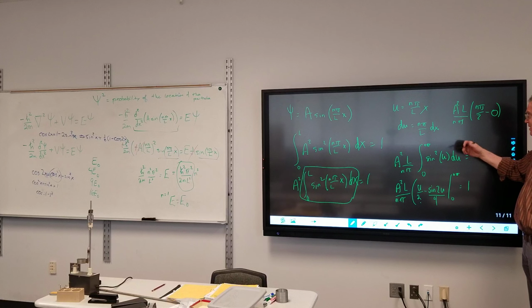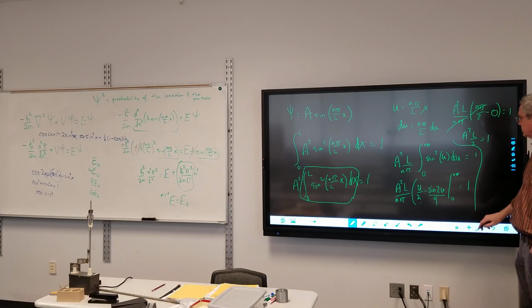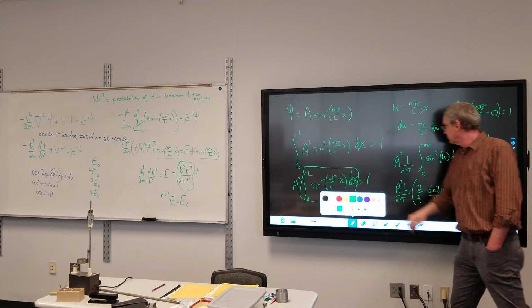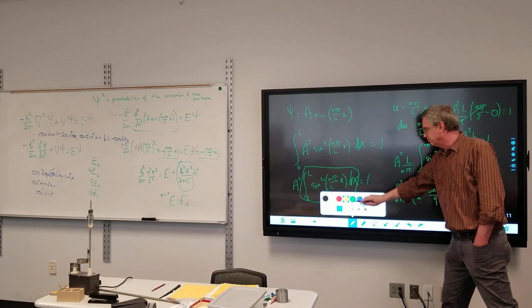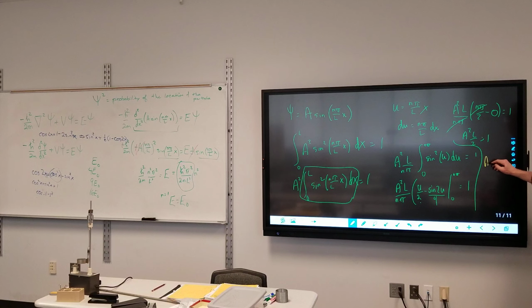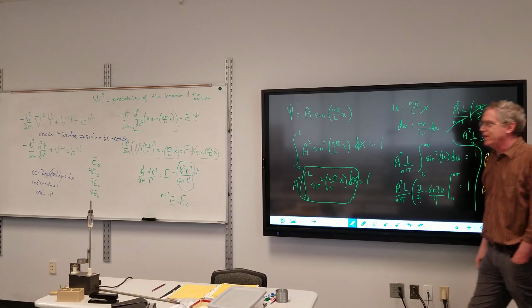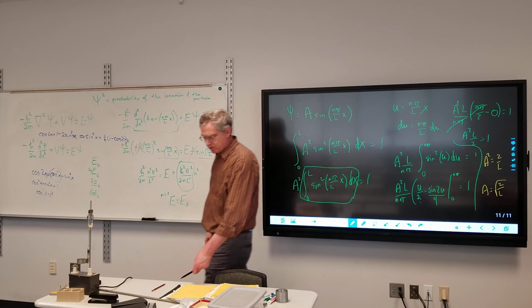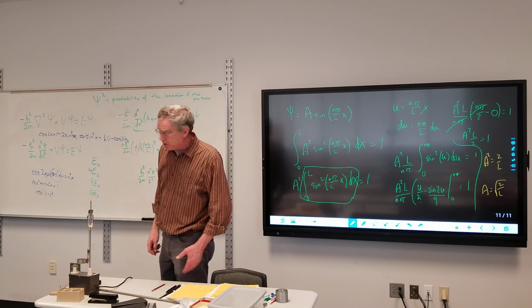Plug 0 in and you get 0. So we end up with, that's equal to 1. The n pi's cancel out. I'm left with A squared L over 2 equals 1. And so A squared is equal to 2 over L. A is the square root of 2 over L. So we now have a wave function that can describe this particle in a box.